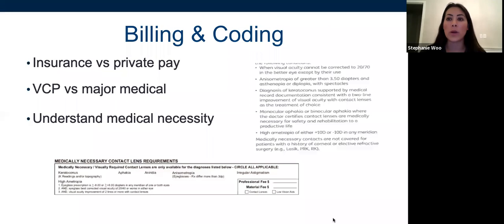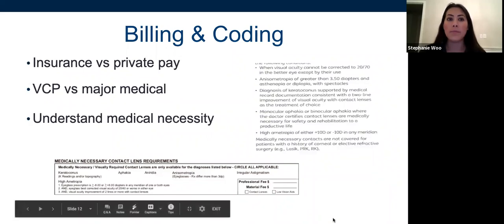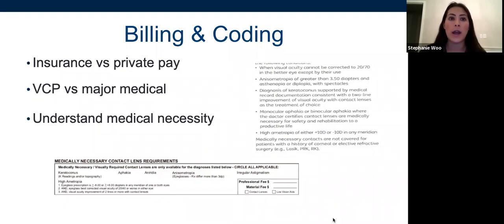So what my other clinic does is that when the patient calls, they will get all of their benefits from their medical and their vision insurance. That way, when I go in to see the patient, I know exactly what their insurance is going to cover either way. And so then we can have that conversation of, oh, okay, well, your vision insurance is covering this, and we can go down that route.